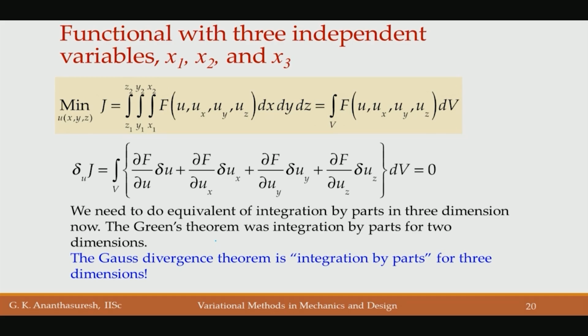So, here the function u is a function of x, y and z, okay, and that is the unknown, and the integrand here will be a function of up to first derivatives u, u sub x, u sub y and u sub z. And when we do all this, again taking the variation and equating 0 and applying Green's theorem, which now becomes Gauss divergence theorem. Okay.